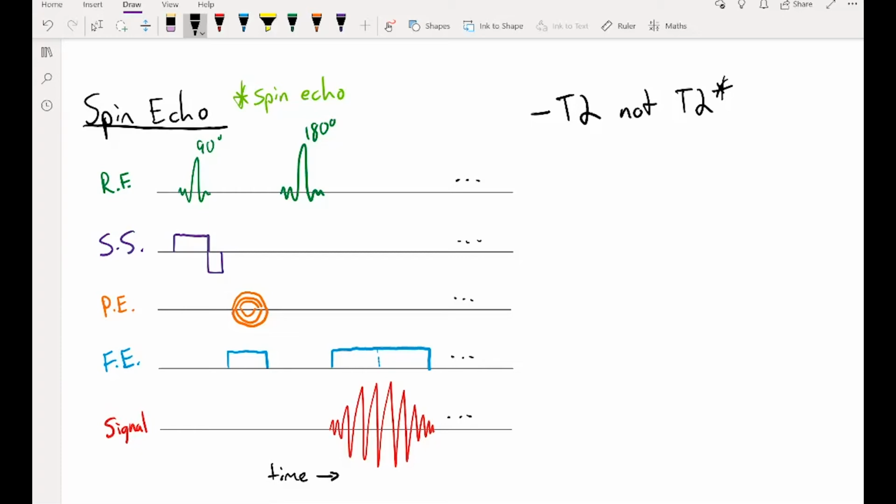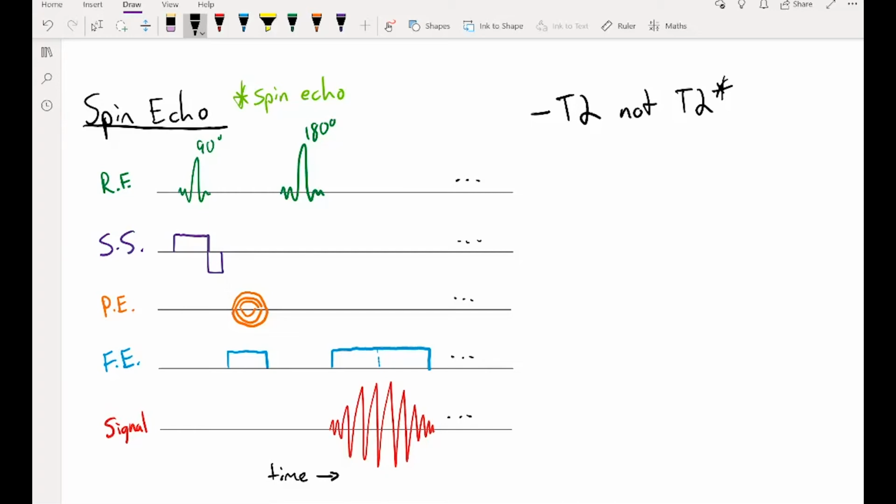The reason for this is because any imperfections in precession frequency that are introduced by those unpredictable error factors that T2 star includes, their effects balance themselves out after the 180-degree pulse.